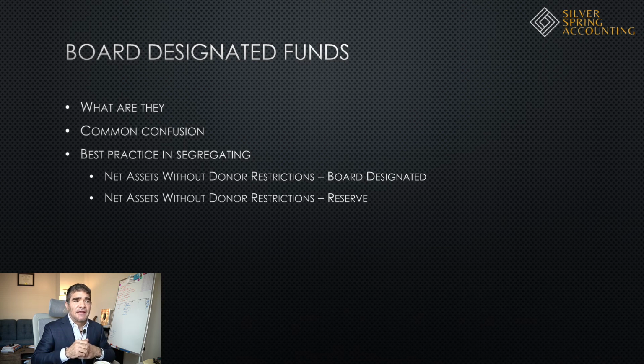The truth is if the board designates funds or restricts funds, it's still unrestricted. So when you're putting together your statement of financial position, you would just break it out under unrestricted or net assets without donor restrictions. Then when you get down to net assets with donor restrictions, you can break out the temporary and the permanent restrictions.